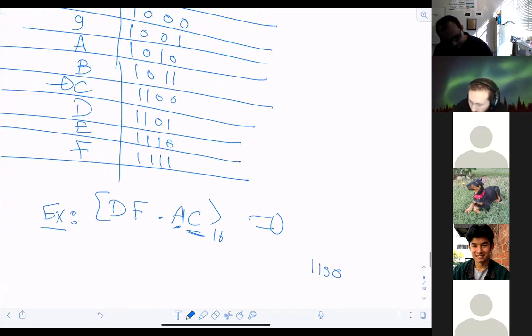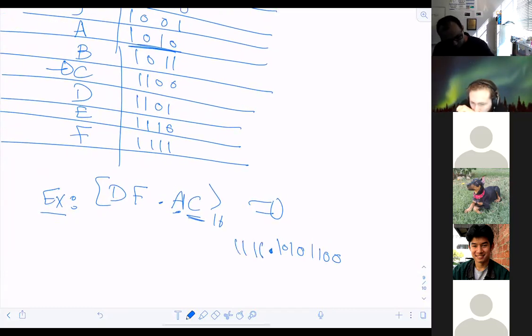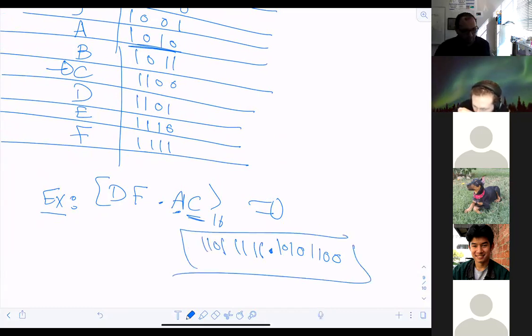A is basically this value, 1, 0, 1, 0. Then I have the binary point, and then I go to F, which is 1, 1, 1, 1, and then D, which is 1, 1, 0, 1. So this is the equivalent in binary of whatever was written in hexa. I didn't go through decimal. Make sense?